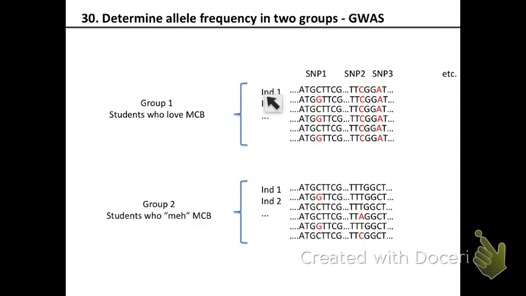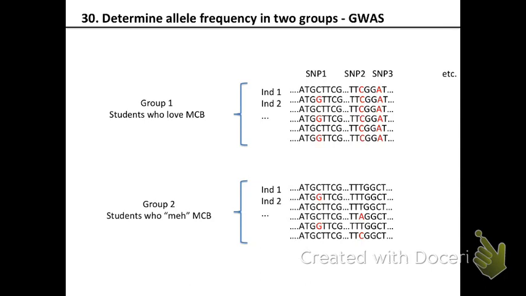Then I will have certain individuals, 1, 2, 3, and so on, and some other ones in this group, 1, 2, 3, and so on. For each person, I'm going to have the DNA sequence, okay? And at some locations, you're going to vary. So these locations, for example, SNP1, SNP2, and SNP3, and the sequences that vary, I color-coded in red, okay?